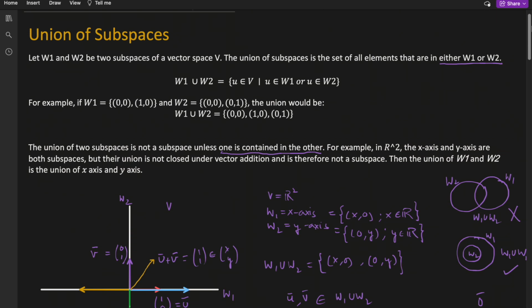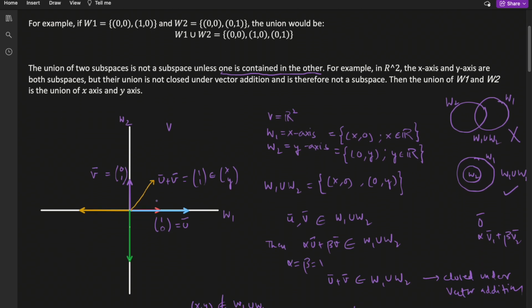So when you are saying union, you are not taking any linear combination, you are not considering it. So when I'm saying union of W1 and W2, I am saying take all the vectors in W1, take all the vectors in W2. For example, suppose you have this collection which contains all the vectors belonging to W1, and this collection which contains all the vectors belonging to W2.